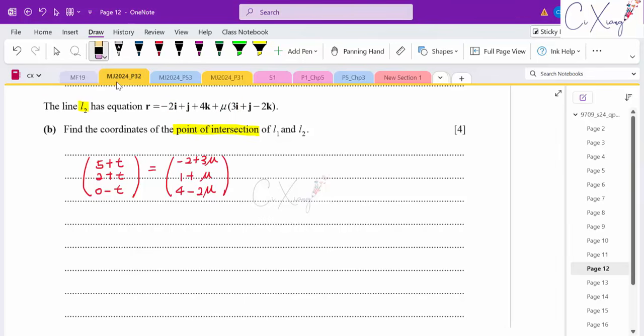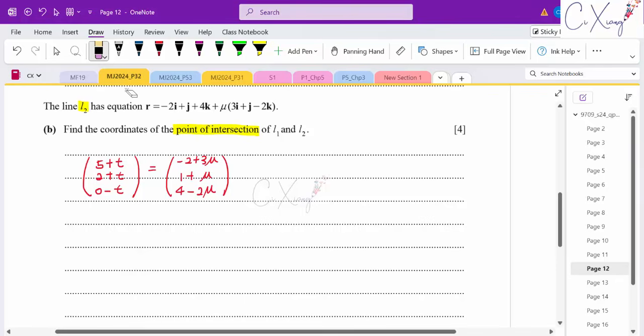From here, you can see that I have 3 sets of equations. The first one is 5 plus t equals negative 2 plus 3 mu. The second one is 2 plus t equals 1 plus mu, and so on.